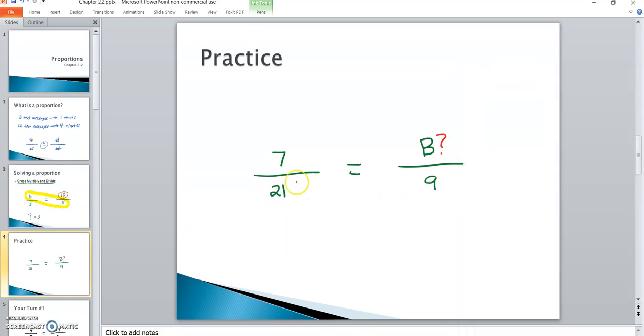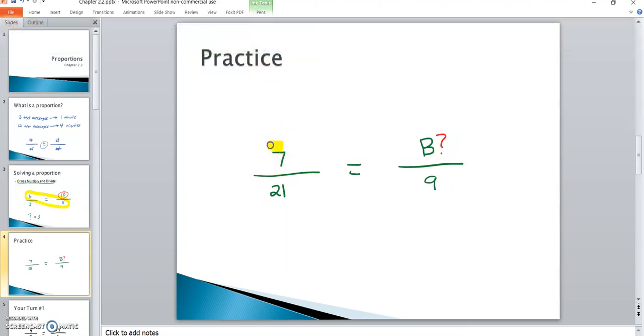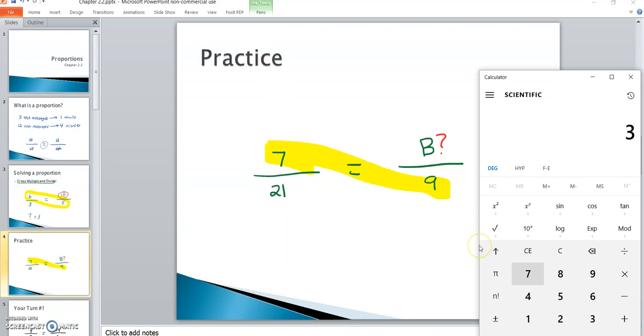So the two numbers that are diagonal from each other are the 7 and the 9. So we're going to multiply 7 times 9, and that's 63.